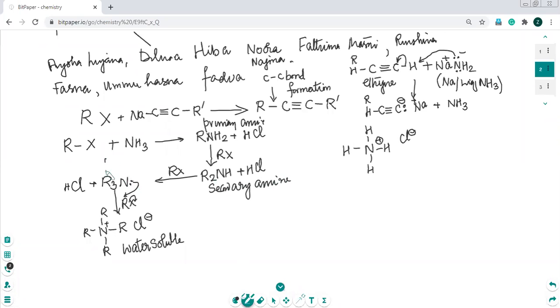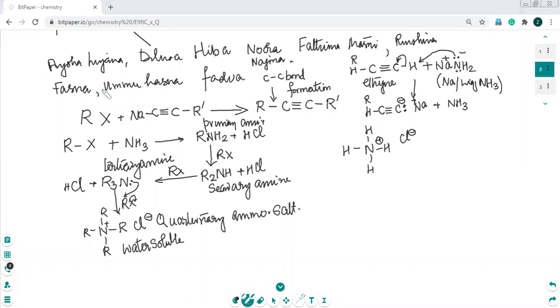This is a tertiary amine. And quaternary ammonium salt.